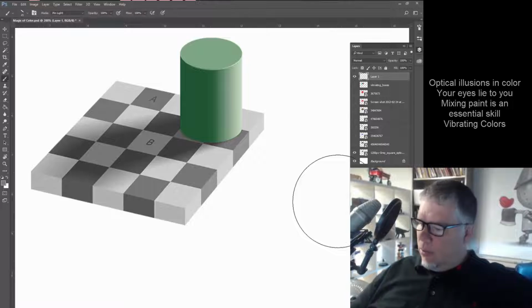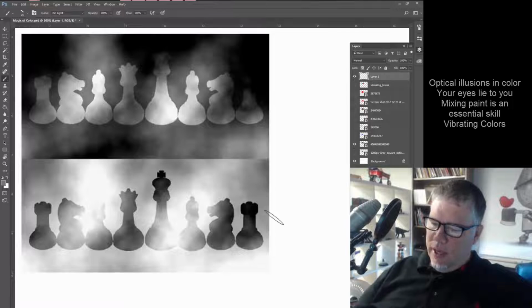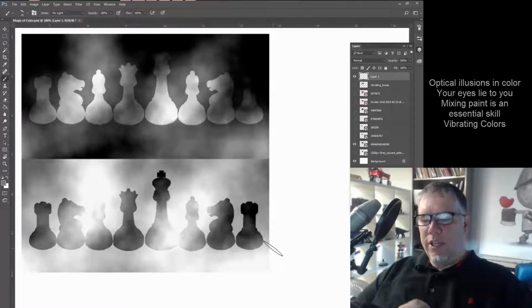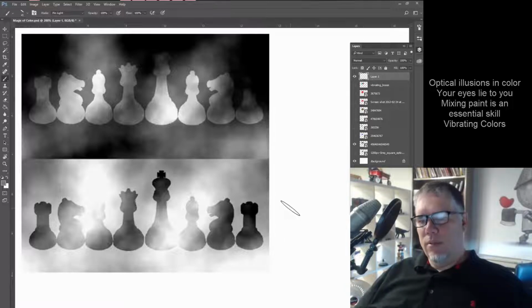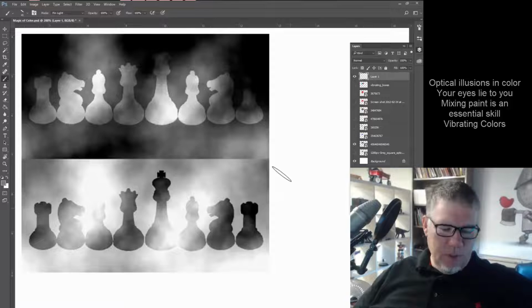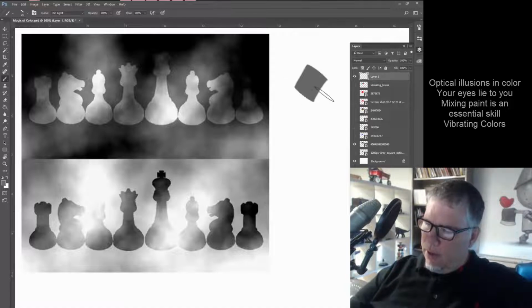But as we move on, here's another one, and again, these chess pieces are identical in value. In other words, if we removed the space around the backgrounds, they would both be identical. We could play this game all day, but if we go right up here and then right up here, we're going to get the same value.